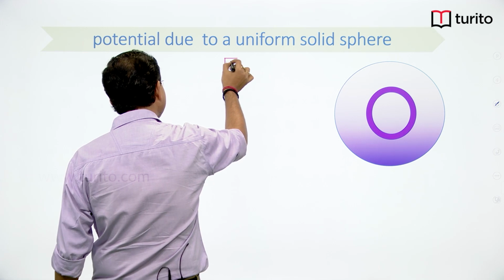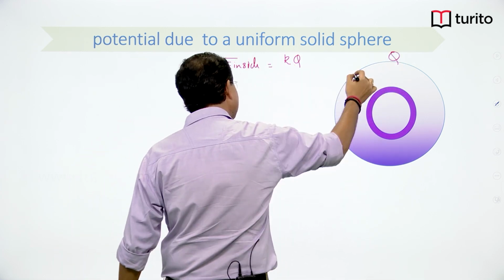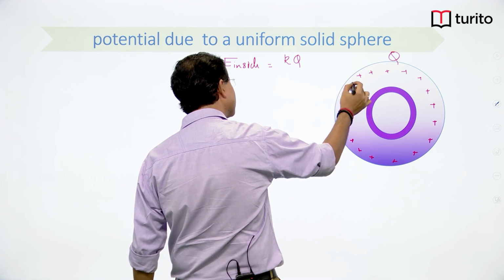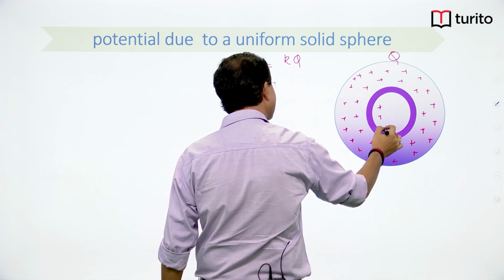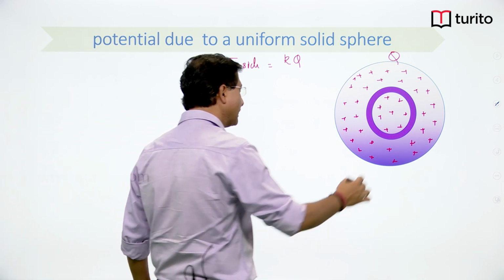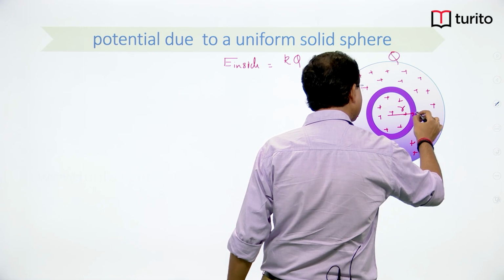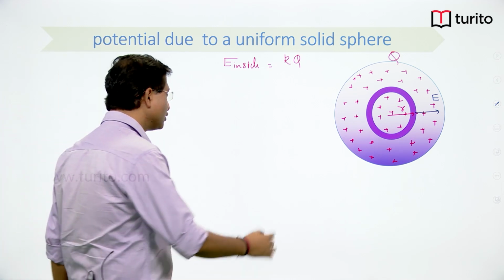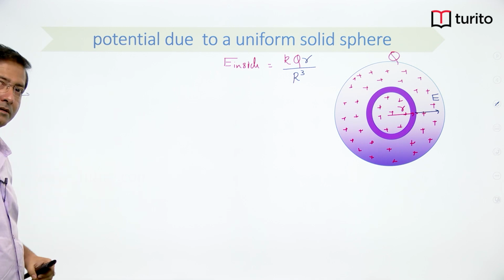So, inside field, if I am writing total charge as capital Q and charge is distributed over volume, we know the field at some distance r is in this direction and given by E inside equals KQ small r divided by r cube, right.